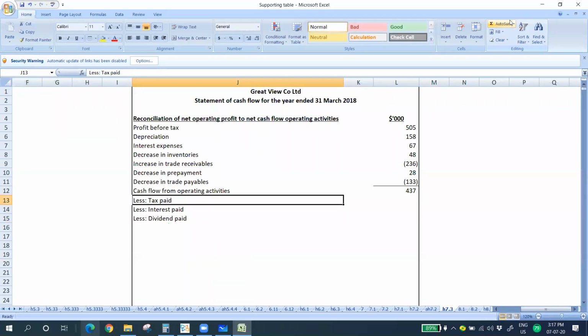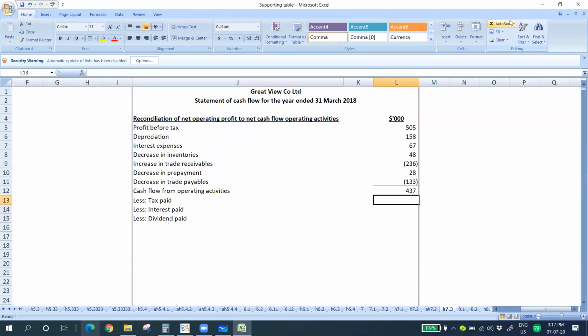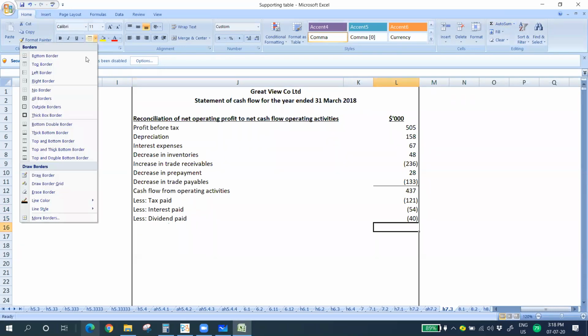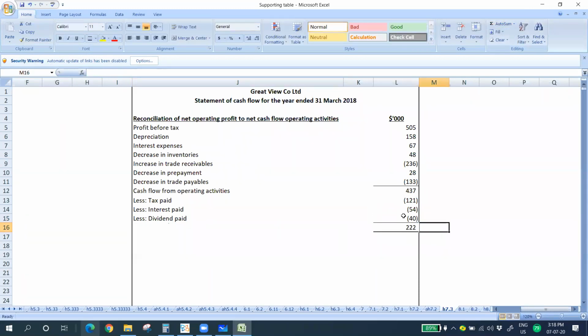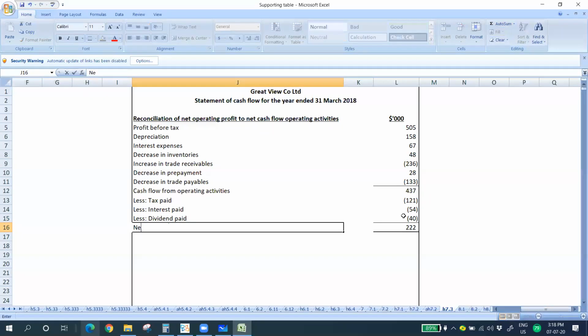The sequence here is up to you. You can use your own sequence. All right. Tax paid is 121. Interest paid is 54. Dividend paid is 40. So the total is 222. This is net cash from operating activities.